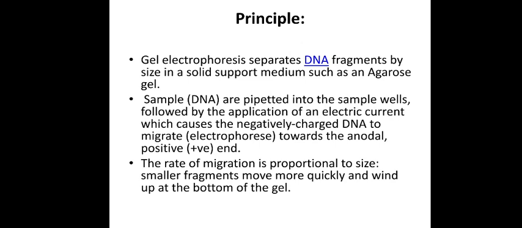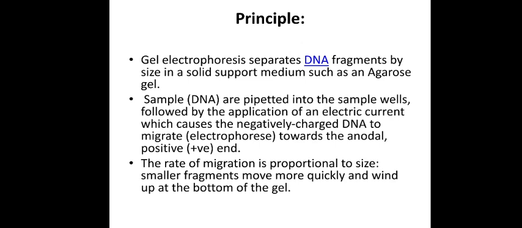From the beginning to half an hour, each fragment will move at a particular speed depending upon its size. It might sometimes also depend on the charge that is present and the medium you are using. That's why the agarose gel is used, because there is minimum resistance to the movement. So now you are left with the size and the charge.